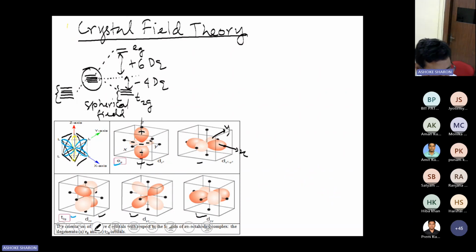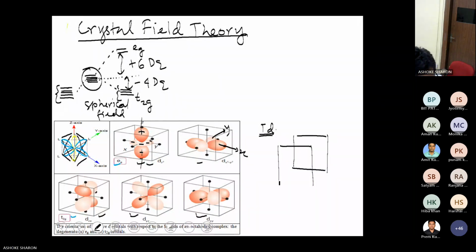Now, if your geometry is a tetrahedral one, a tetrahedral geometry can be best understood by considering a cube. If we understand a cube, then place at the corners of opposite diagonals of opposite faces the ligand points.